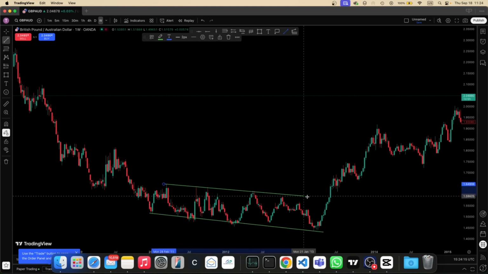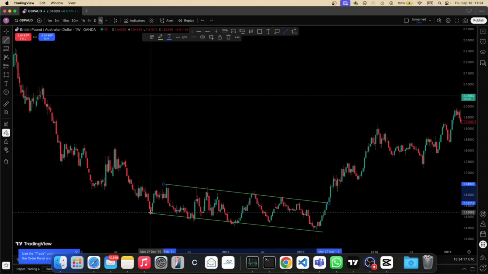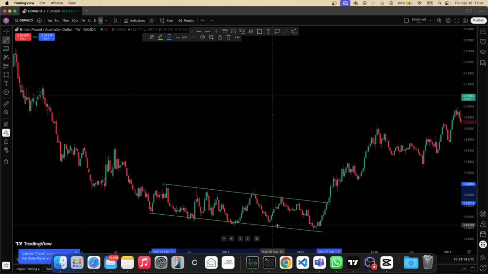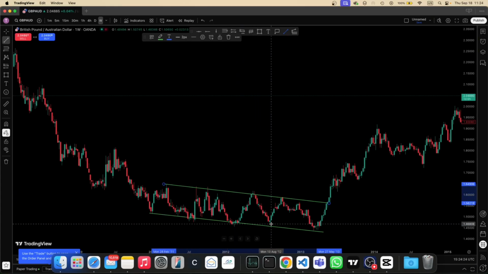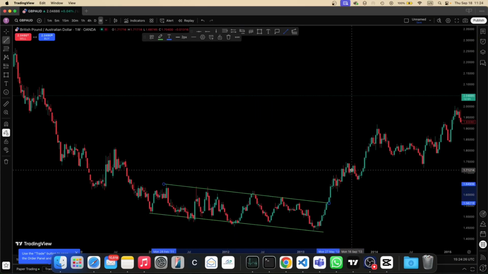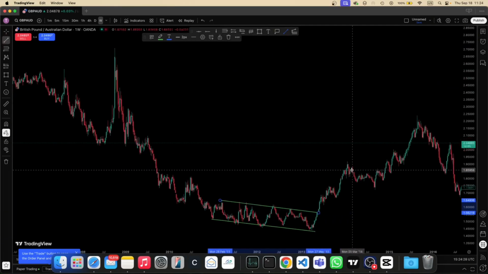But still the same thing, support and resistance. It's just been bouncing around this level until it breaks, and then it started to trend.